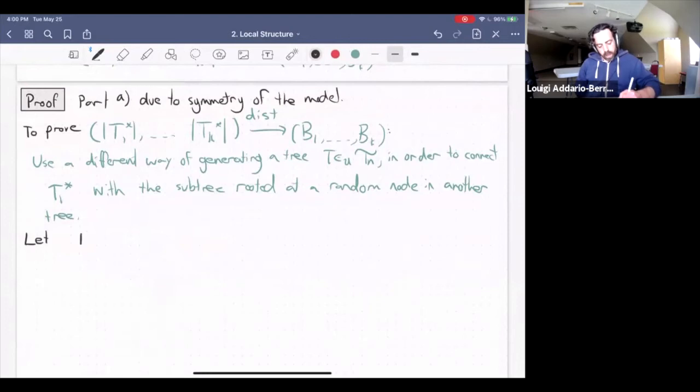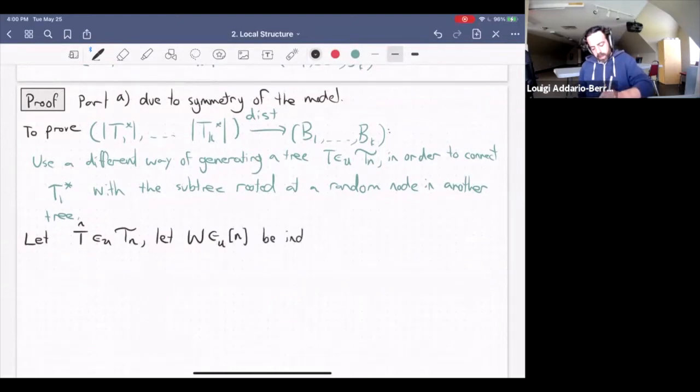I'm going to start from a tree which I'll call T hat, which is a uniformly random tree in Tn. Then I'll do the following: I'll take a random vertex W, independent of T hat, and I'll let T be obtained from T hat by rerouting at W.